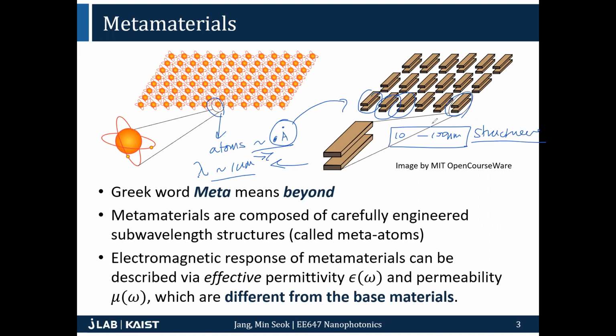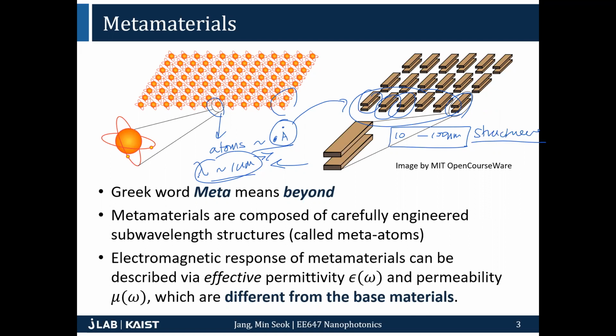Then from the perspective of light, it cannot distinguish whether such a material is made of a middle-scale nanostructure or made of pure atoms, because anyway it's much smaller than lambda. It's way under the diffraction limit. So here is basically the room for engineering, right?